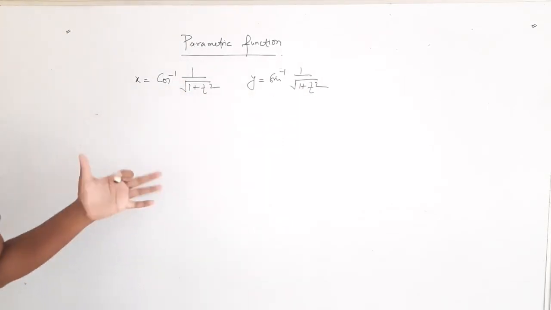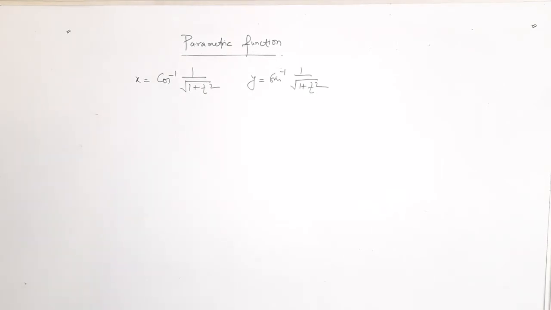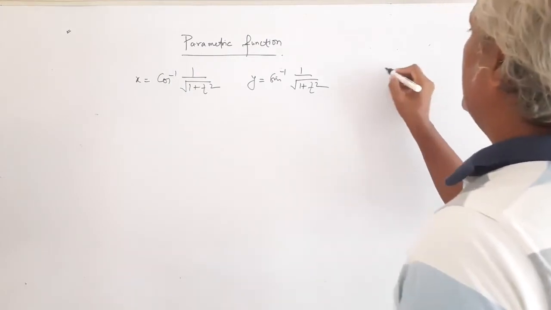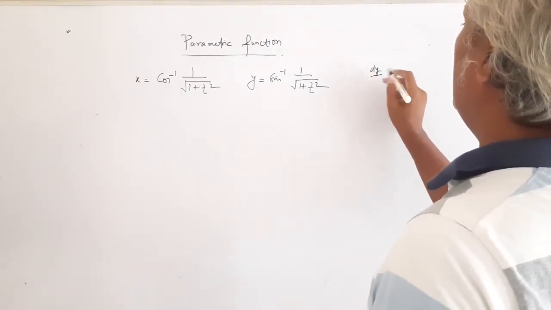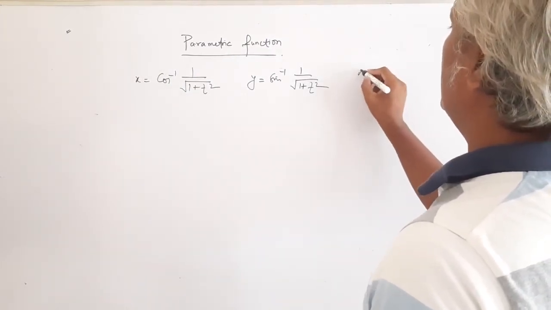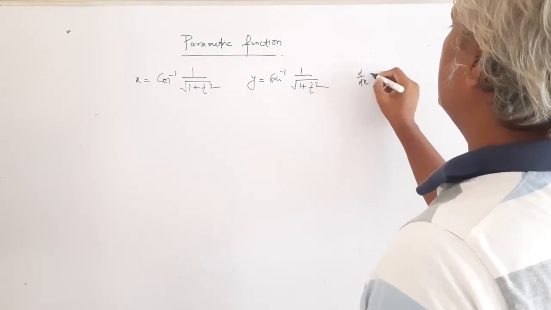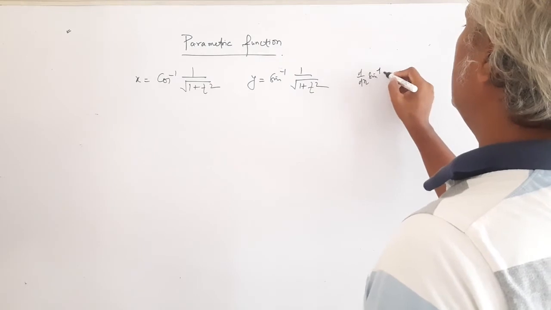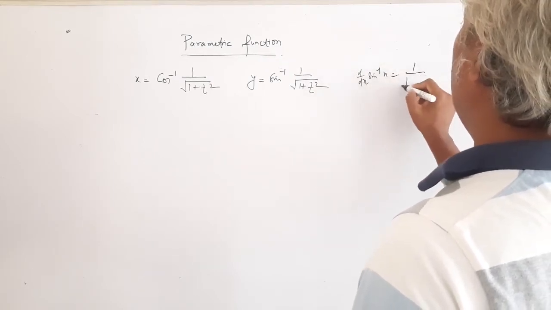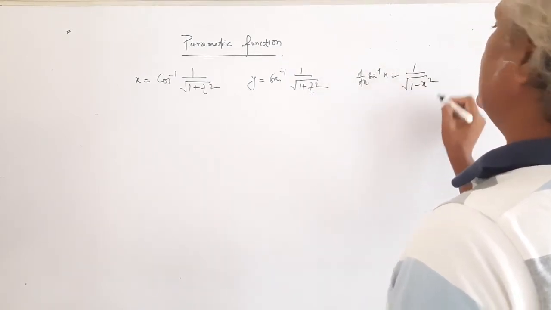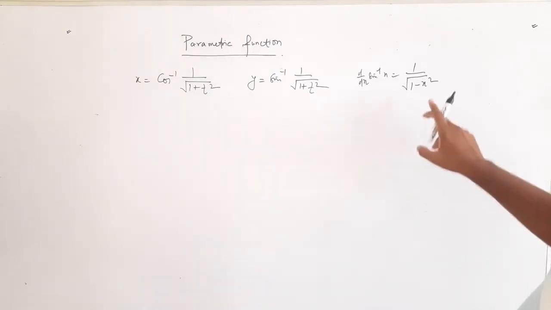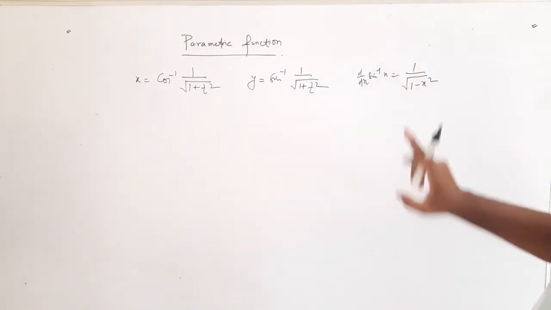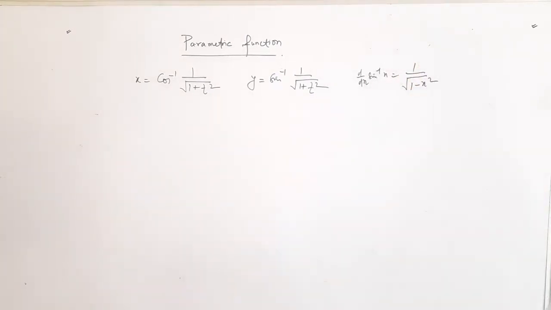Now how can this look, because we know the differentiation of sine inverse x, we can do it that way also. I write this formula: d by dx of sine inverse x is 1 over under root 1 minus x square, and differentiation of cos inverse x is just negative, so minus 1 upon under root 1 minus x square.